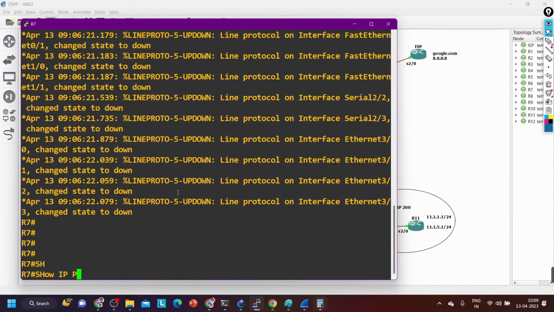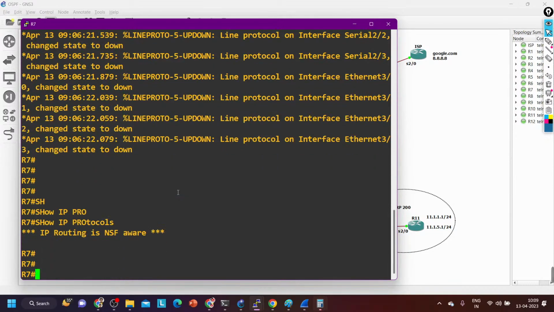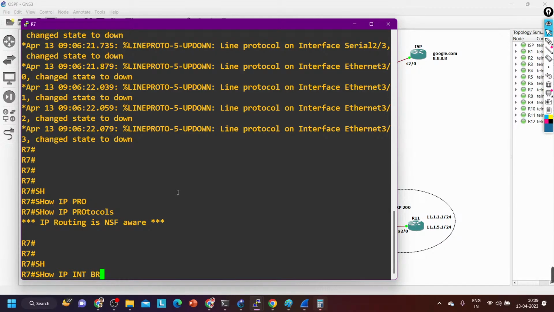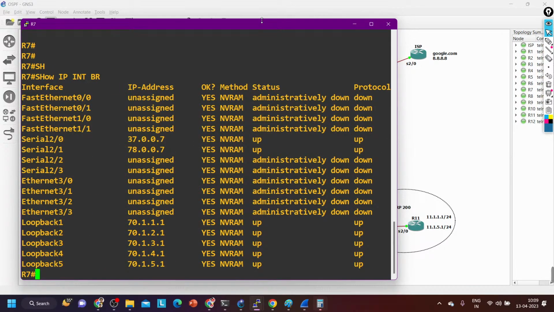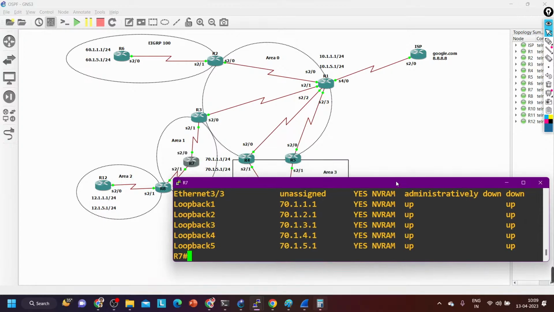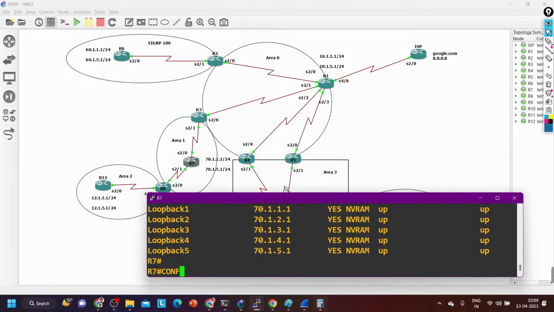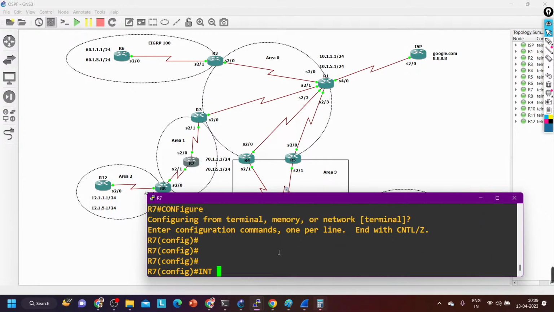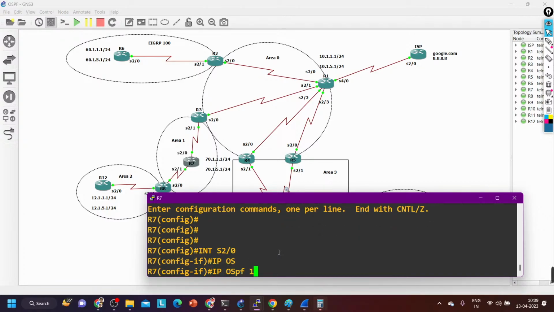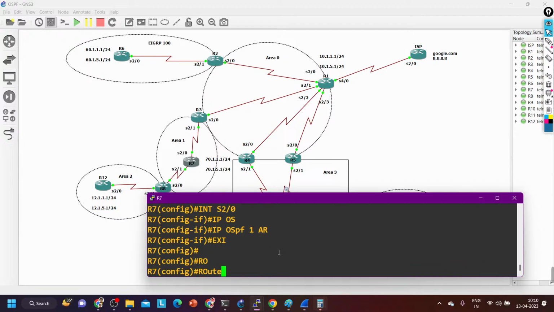And now on router number 7, if you want to verify it, so show ip protocol. Nope, I am not running any protocol here. So show ip interface brief. Okay, so the IP configuration is done. Now let me configure OSPF here. First of all, router ospf 1 and router ID 7.7.7.7.